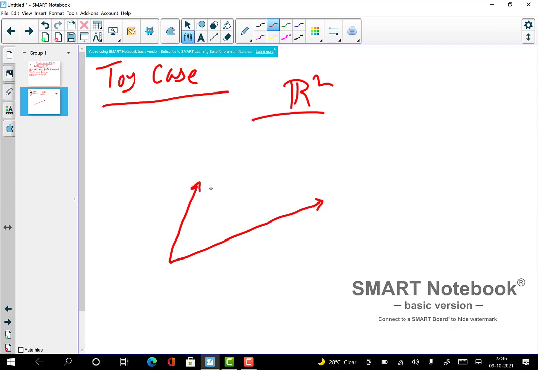So let me write down, this is W1 and W2, two vectors which are linearly independent, and obviously in R2 any two vectors which are not collinear are linearly independent, right? Otherwise, if they are linearly dependent, one will be a multiple of the other, right? So these two vectors are linearly independent, but the thing is that they are not orthogonal, right?